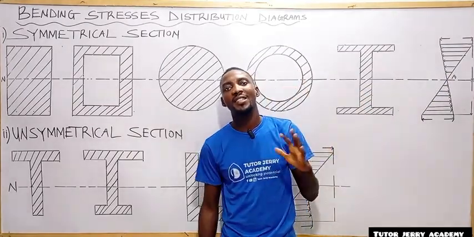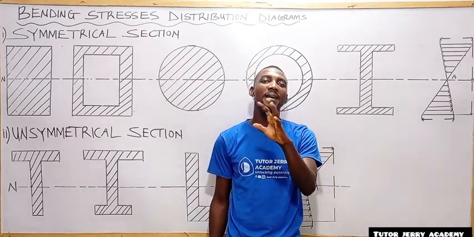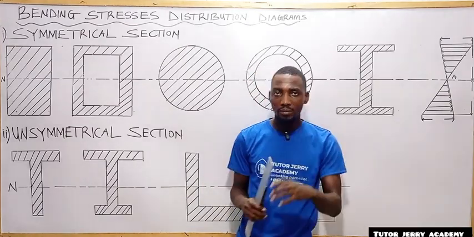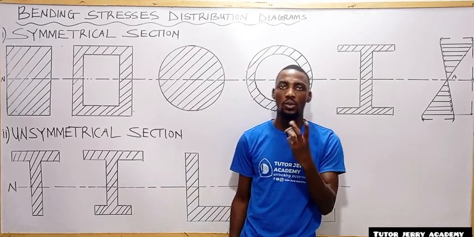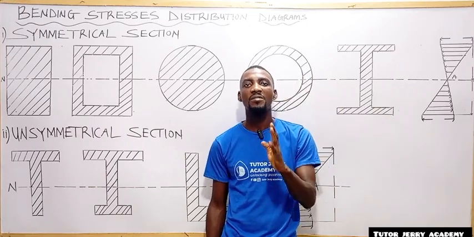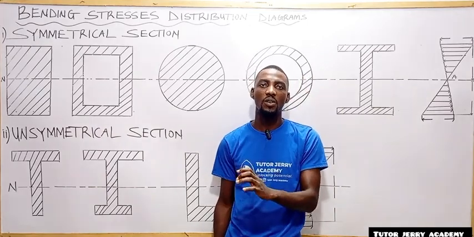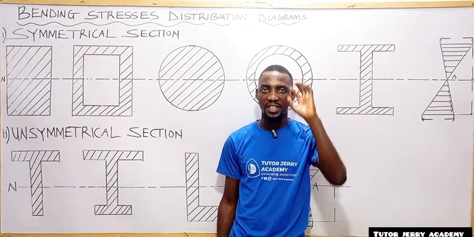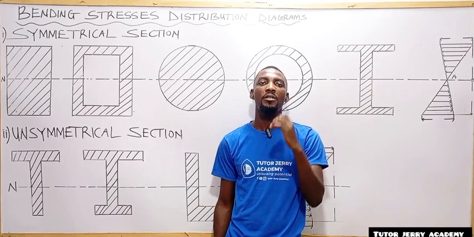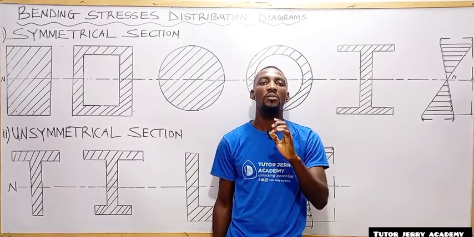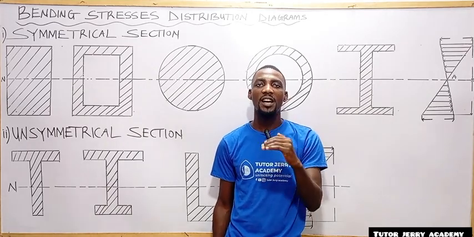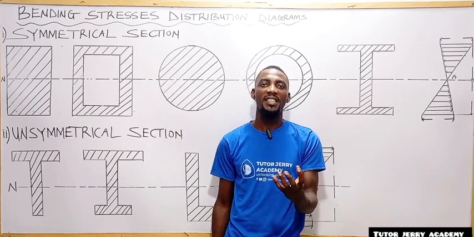And again, we said that if you consider the bending of a simply supported beam, it is subjected to two types of stresses. The first one is the compressive stress, while the second one is the tensile stress. The top part of our simply supported beam from the neutral axis is subjected to compressive stress, while the bottom part from the neutral axis is subjected to tensile stress.